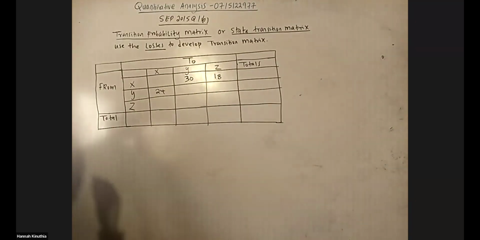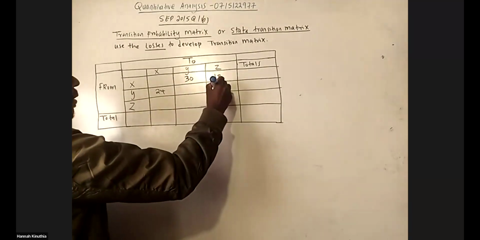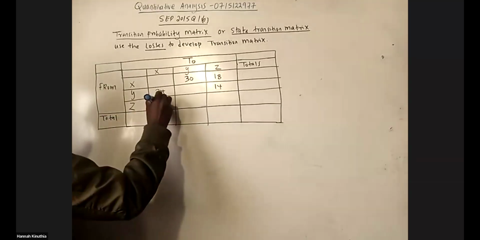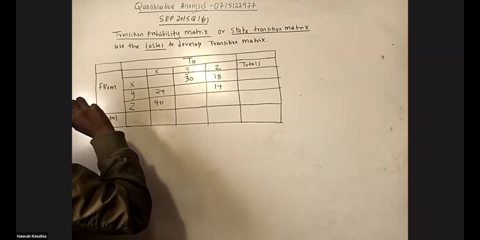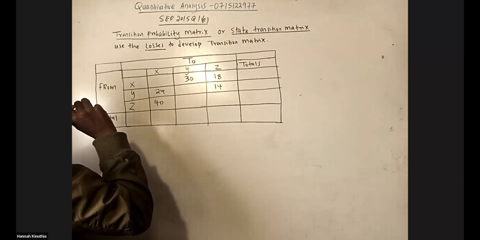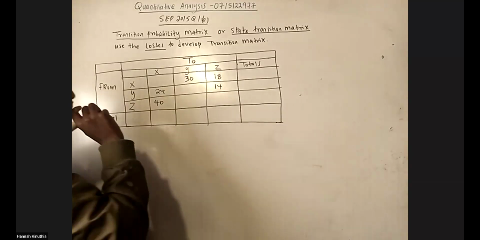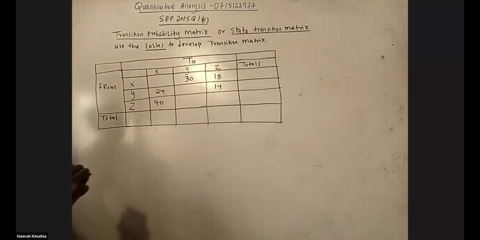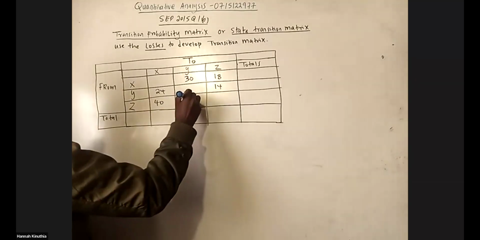Hakuna. Next, 14 for Z. Aya, tuende kwa Z. Kwa Z, do you have a figure? 40. Alafu 10 kwa Y. Vingine haina, sivyo?